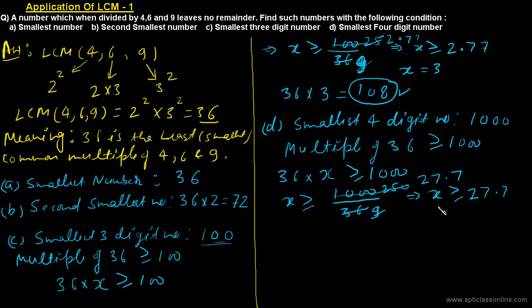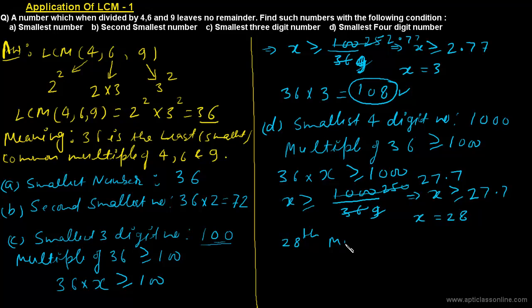So we are trying to get the integer which is greater than 27.7, that is x is equal to 28.